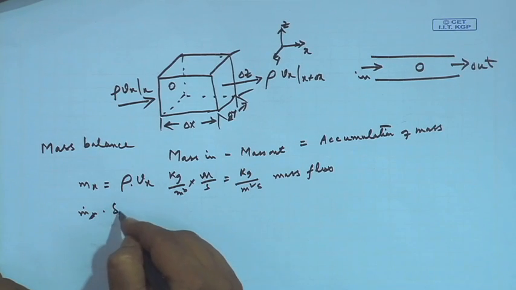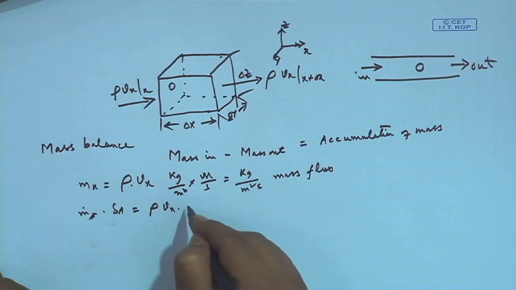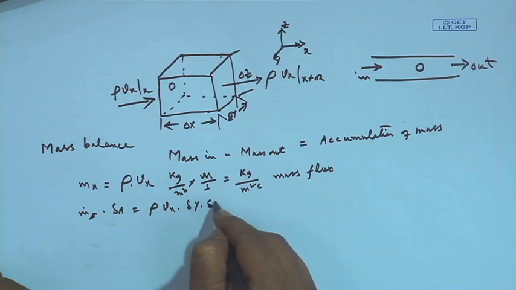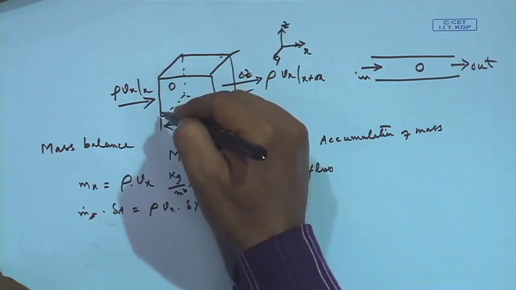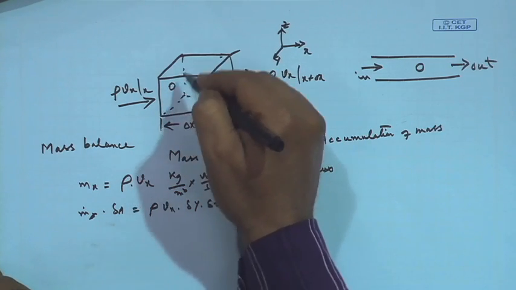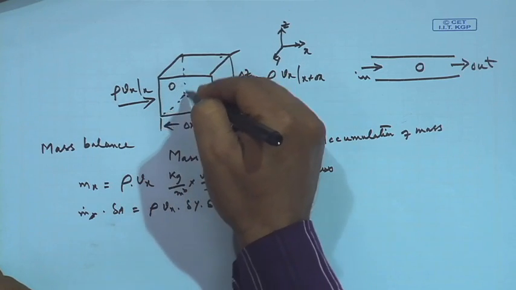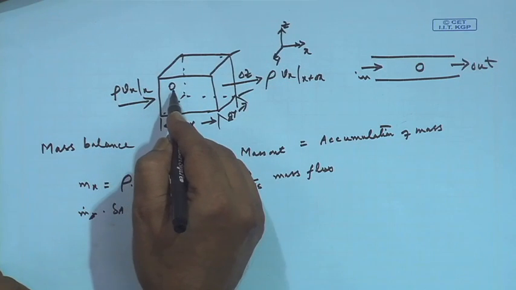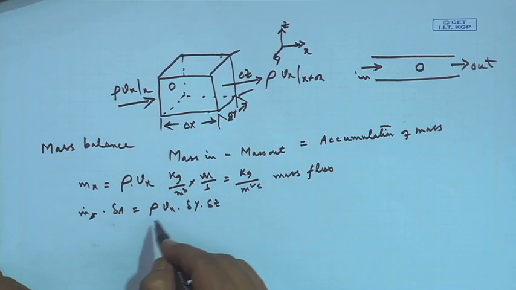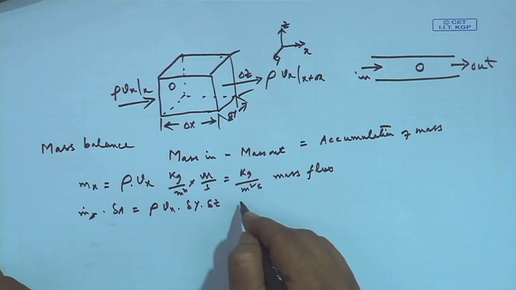So, the total mass coming in at the face x, we can write, is mx into the area delta A, which is rho Vx times del y into del z. This is del y and this is del z, so this area is del y del z. What is the unit of this?